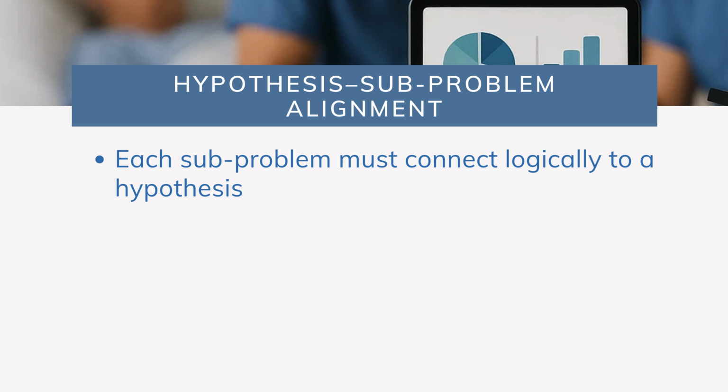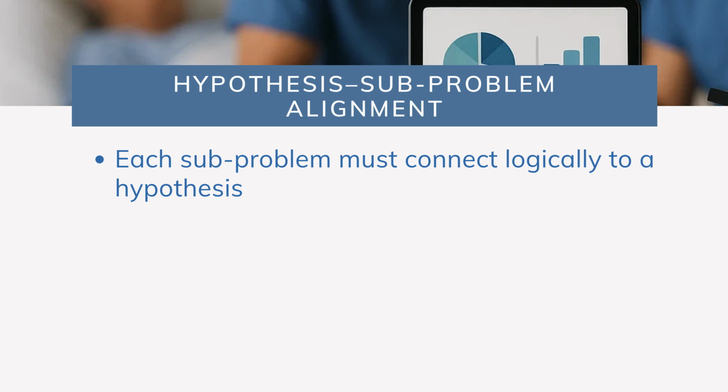Each subproblem, especially the one that addresses relationships or differences, must have a corresponding hypothesis. You can think of the hypothesis as a proposed answer to the subproblem. For example, if your subproblem is, is there a significant relationship between knowledge and compliance?